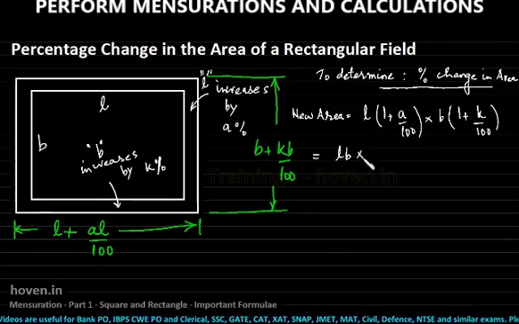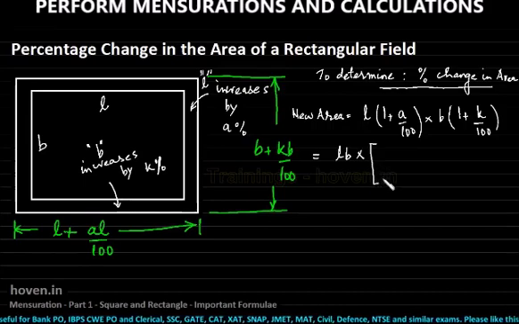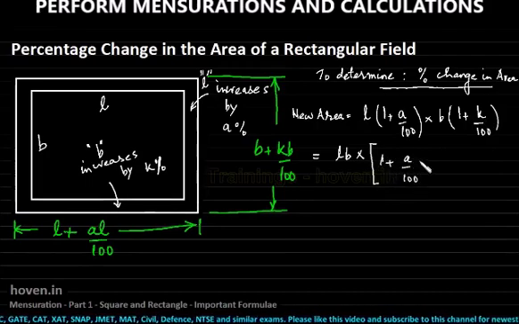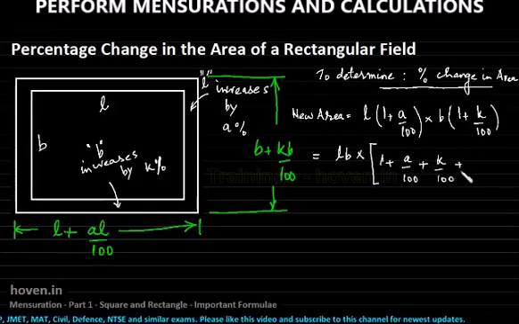LB I have taken on one side into 1 plus A by 100, 1 plus K by 100. This becomes 1 plus A by 100 plus K by 100 plus AK by 10000.